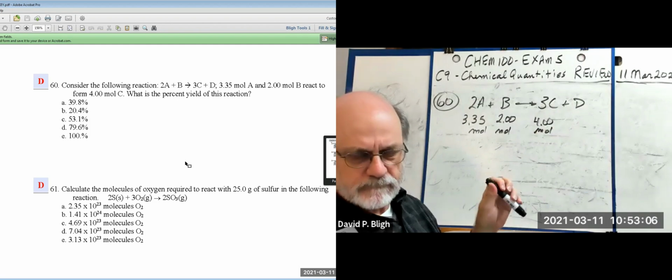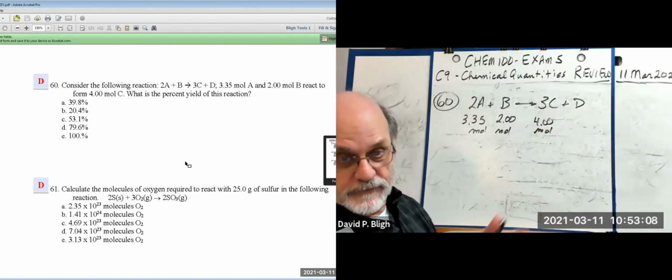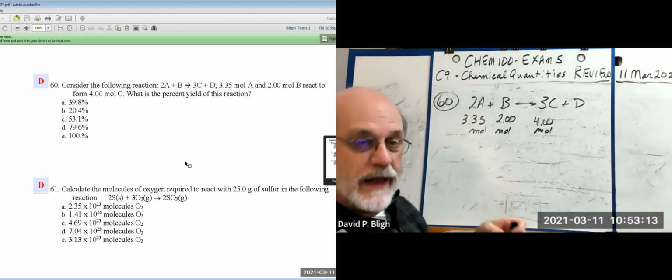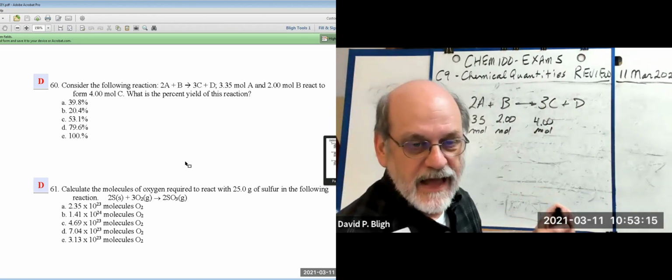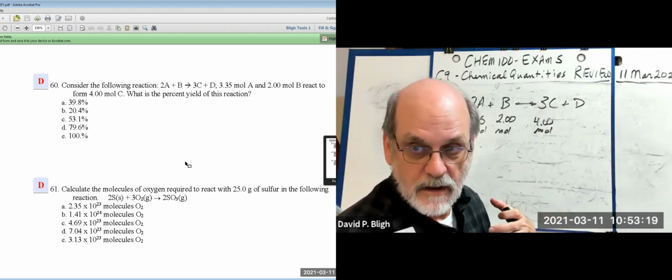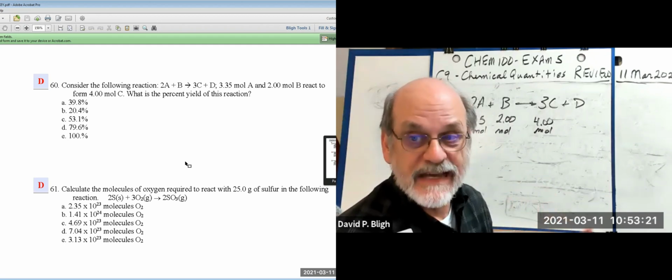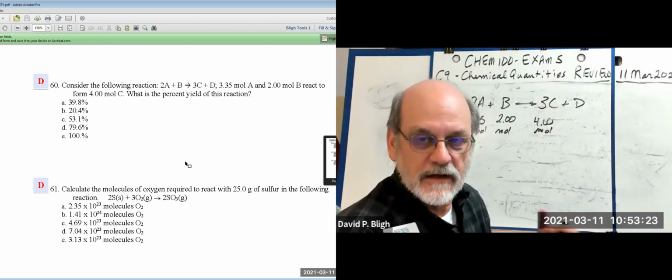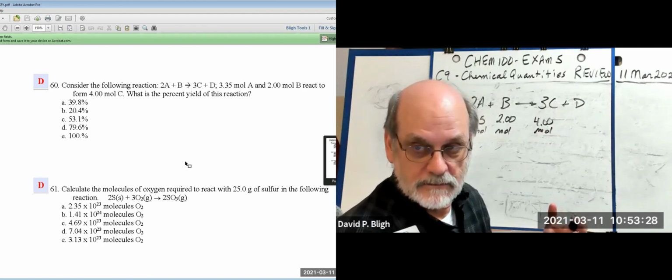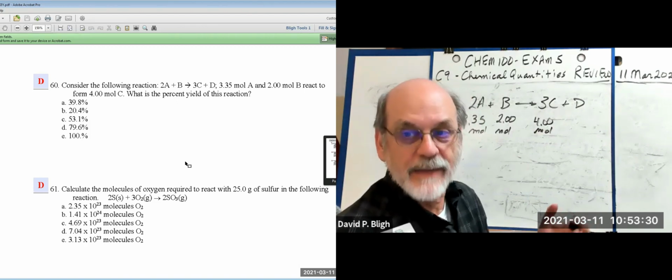Okay. Remember the definition of percent yield is, well, actually the way we defined it in class was the mass of the product actually obtained, the actual mass, divided by the theoretical mass times 100.